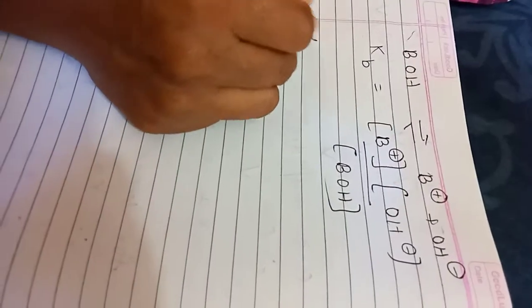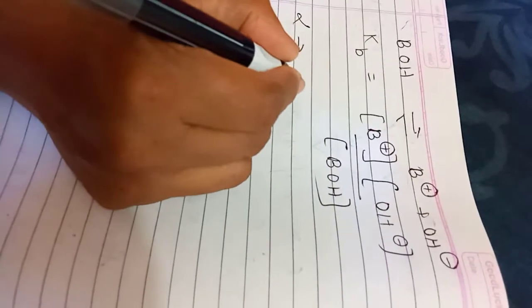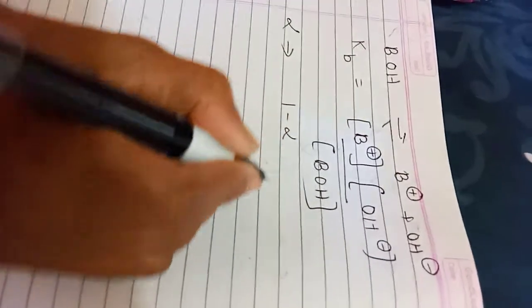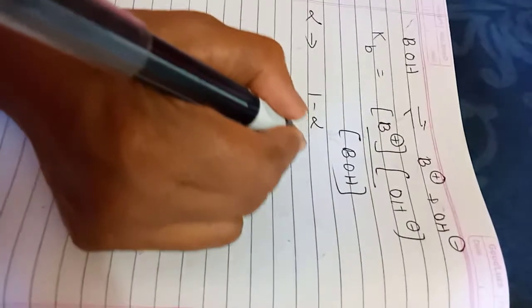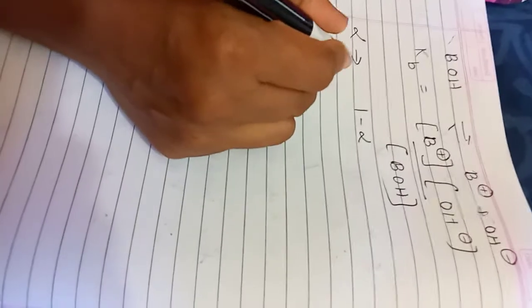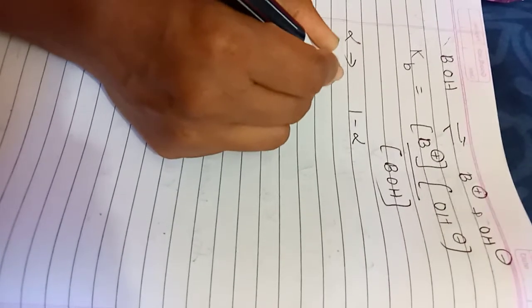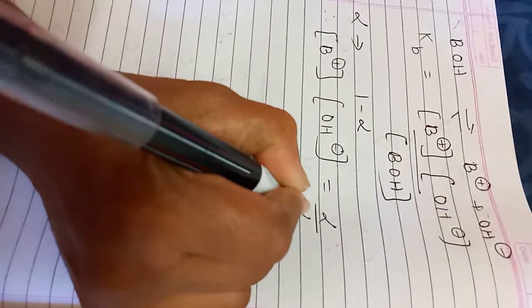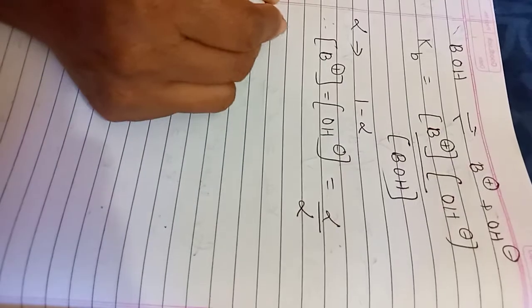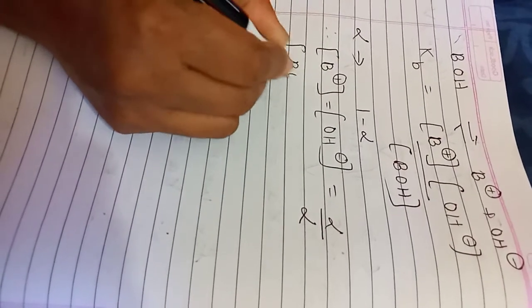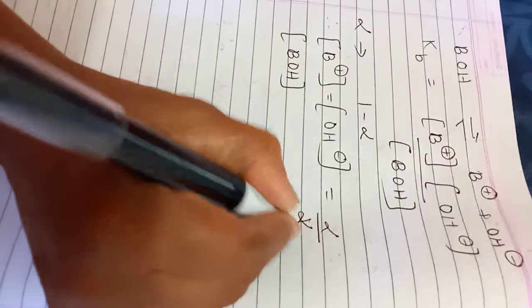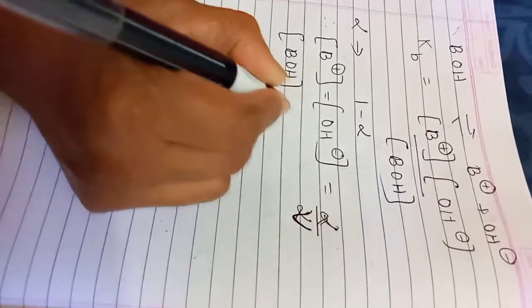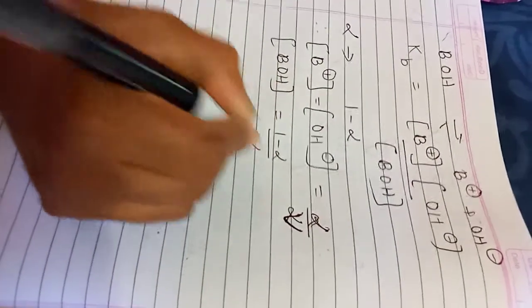If alpha is the degree of dissociation and 1 minus alpha of the reactant remains undissociated, then concentration is in moles per dm cube. Concentration of B plus is equal to concentration of hydroxyl, which is alpha by V each, and concentration of BOH is equal to 1 minus alpha upon V.